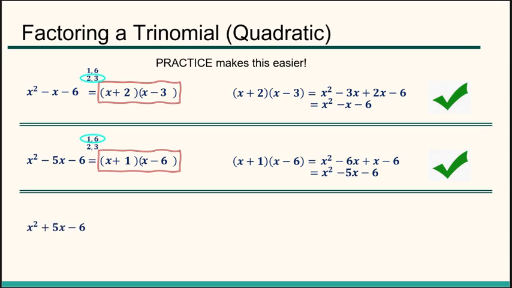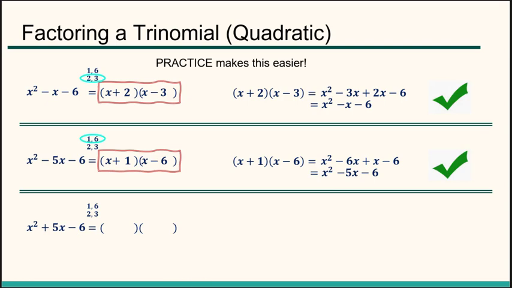Let's do another one: x squared plus 5x minus 6. I know I need the parentheses. Then I need to write down my factors of 6: 1 and 6, 2 and 3. In this case, I've got a negative 6 here and a plus 5 here, so a plus and a minus are going to be my signs.